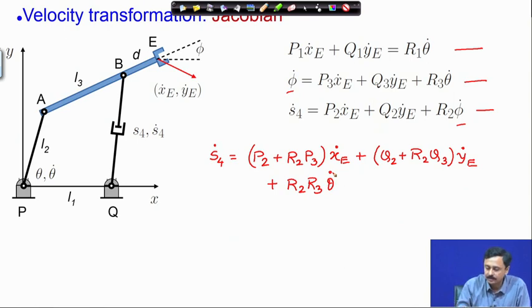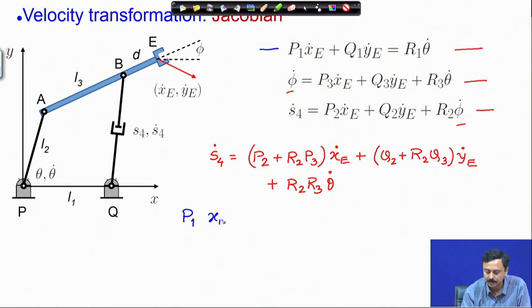Now, I can rewrite this as, so, let me write out the first equation here.